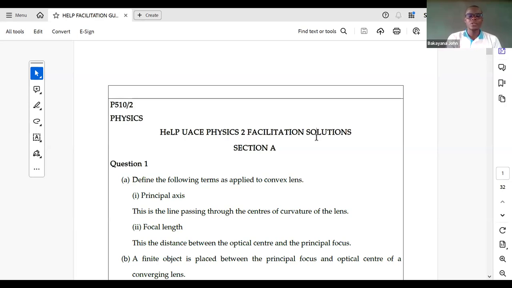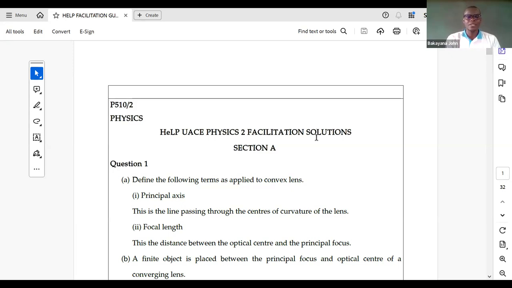Because we don't have a lot of time, we shall go straight away to the first question. So the first question is define the following terms as applied to convex lens.